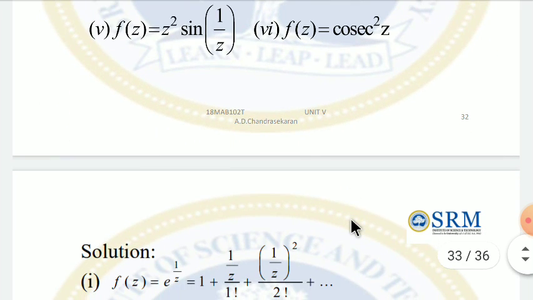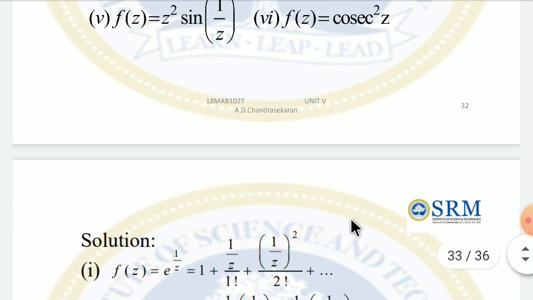Some more interesting problems with the help of the residue of f of z at their poles, we have one important theorem named Cauchy's residue theorem. Already we have seen Cauchy's fundamental theorem, Cauchy's integral formula, and this is the second technique.